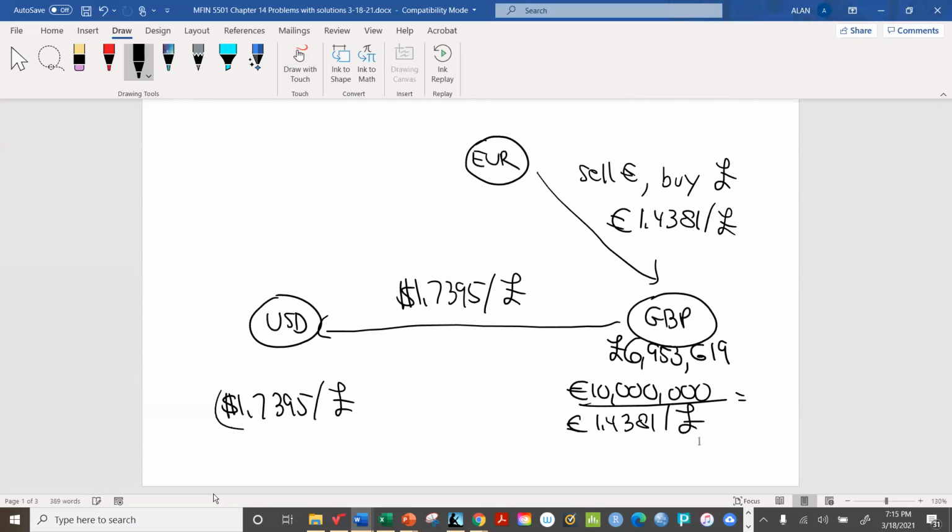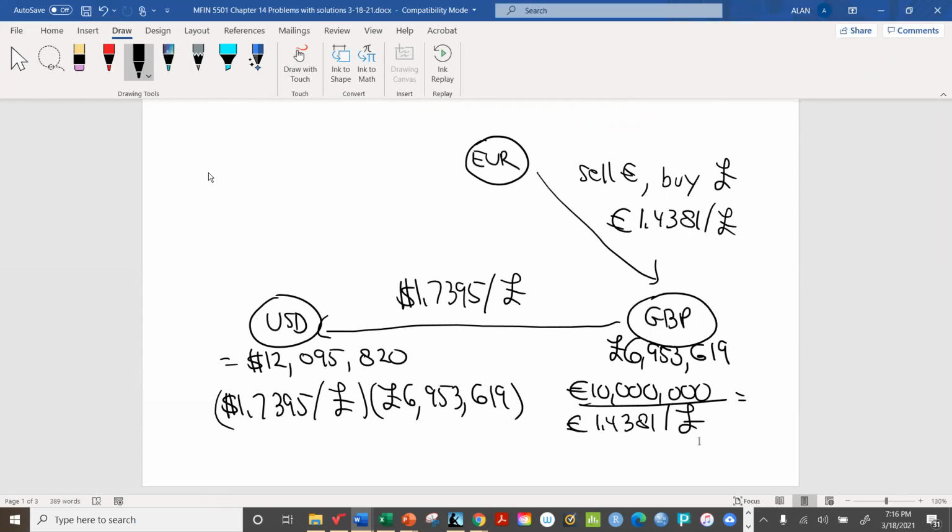Okay, we multiply that by 6,953,619 pounds. And so if we multiply those out, that'll give you 12 million. Actually, let me write it up here. $12,095,820.